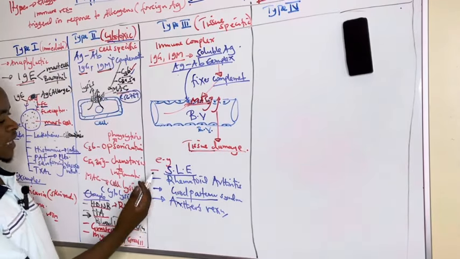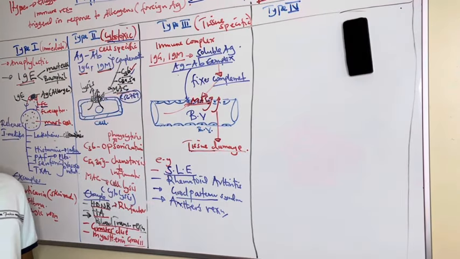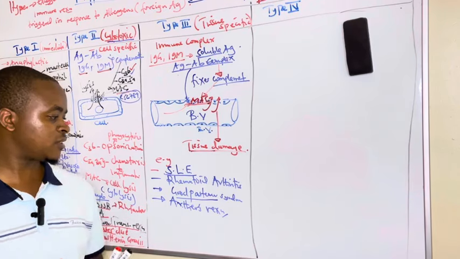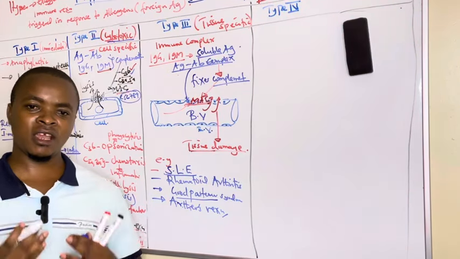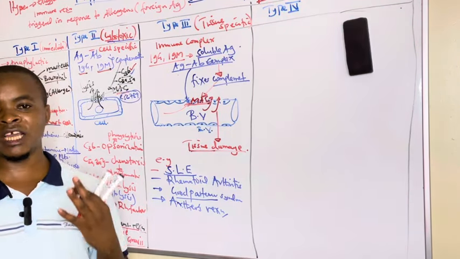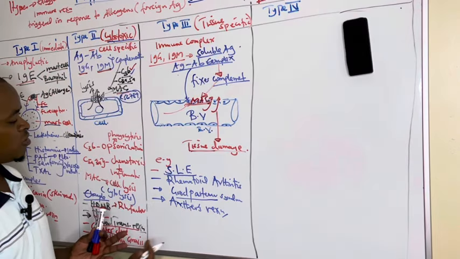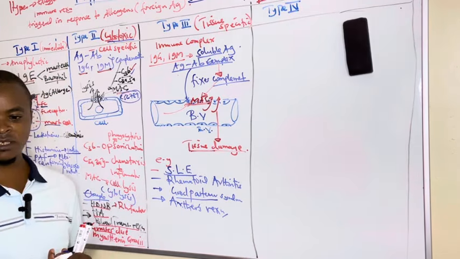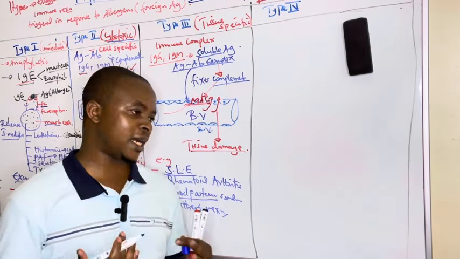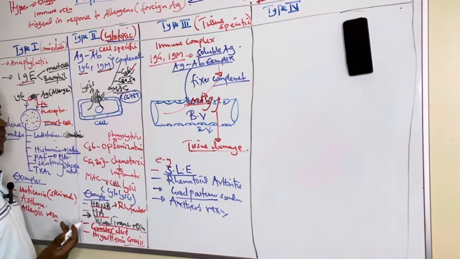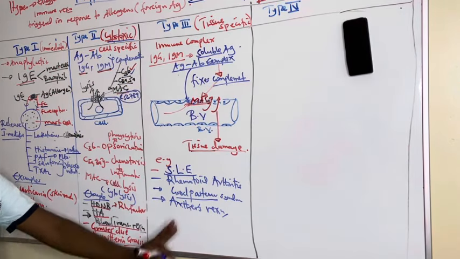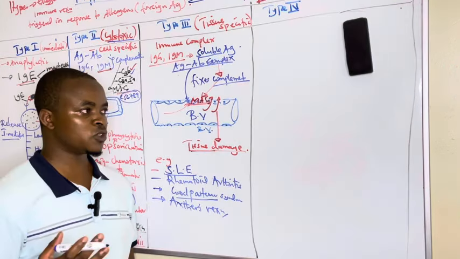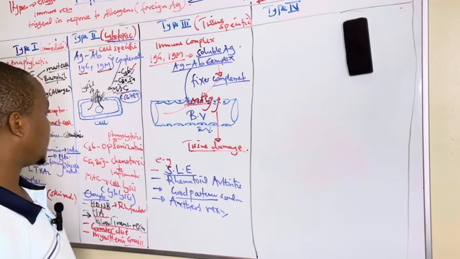These are the four examples you can give under type 3 hypersensitivity reaction. So whenever you're asked in an exam to outline four examples of type 3 hypersensitivity reaction, do not fail to list these. Or if they are brought in objectives, they can say the following are type 3 hypersensitivity reactions, except, and they put three of these and mix in one of type 2. So you should be able to pass that one.